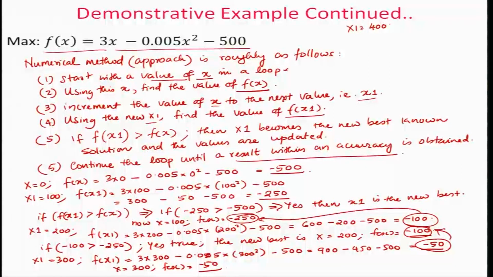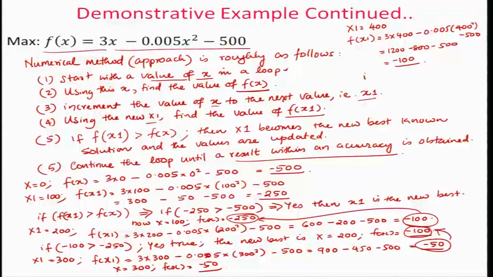At x1 equal to 400, we will get f of x1 equal to 3 times 400 minus 0.005 times 400 square minus 500, which will give you 1200 minus 800 minus 500. Now, this will give you minus 100. Now, you know that at x1 equal to 400, the value has gone down.